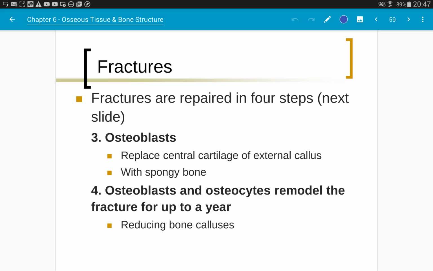Okay, the third step of fracture repair involves our osteoblasts. Remember, osteoblasts build bone. Okay, and so what these guys do is we have this cartilage callus that's formed where the fracture occurred.